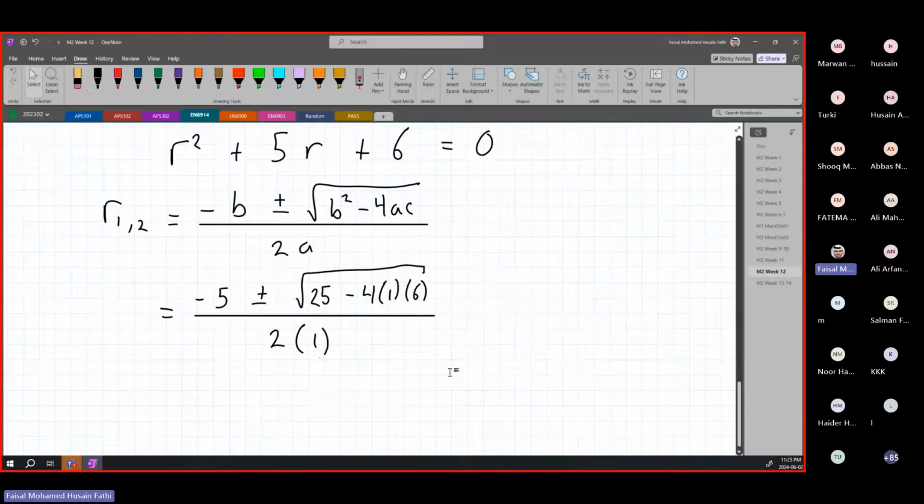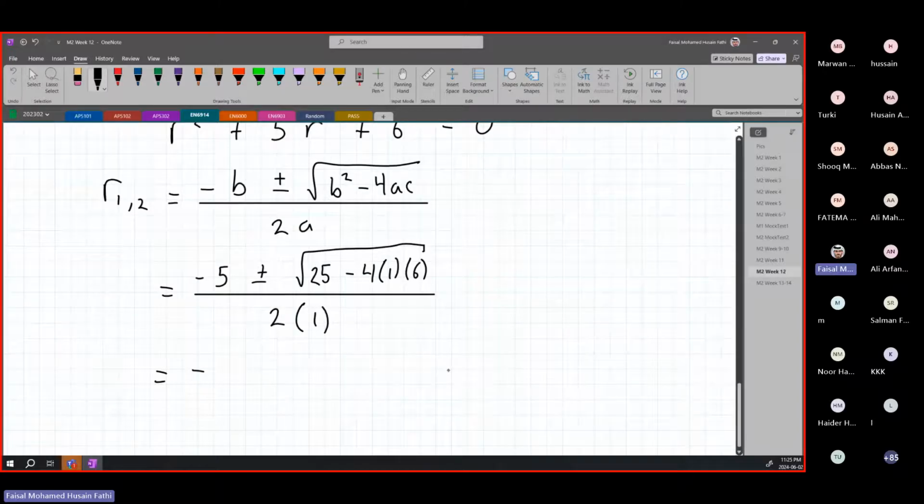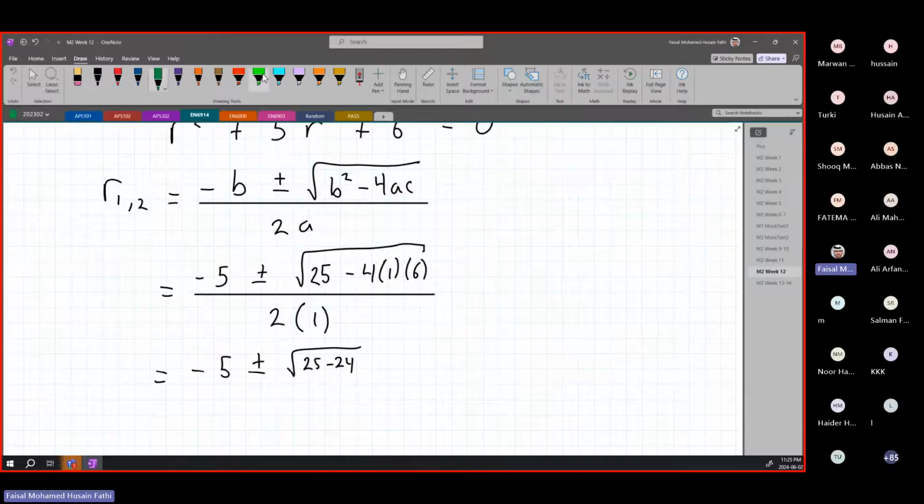Okay? If we simplify this, this is minus 5 plus or minus the square root of 25 minus 4 times 1 times 6. This is the square root of 25 minus 24. And if you notice here, this is the important part. Our b squared minus 4ac is a positive number.